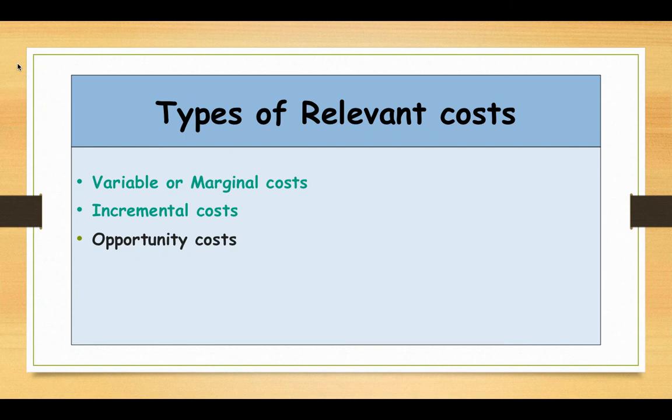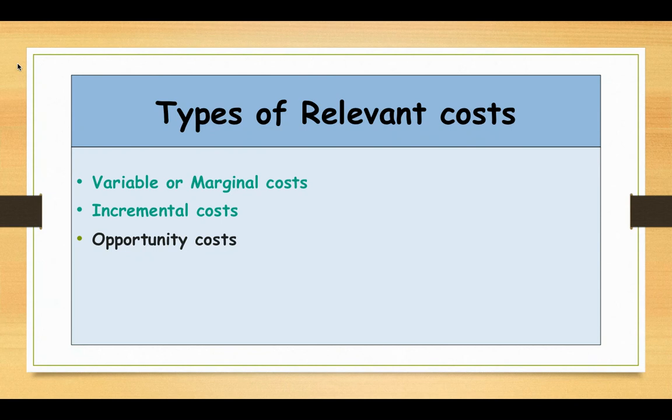So the skilled labor which may be needed on a new project might have to be withdrawn from the usual or the normal production of a company. This withdrawal could cause a loss in contribution, which is obviously relevant to the project because you are taking the skilled labor from the usual production.